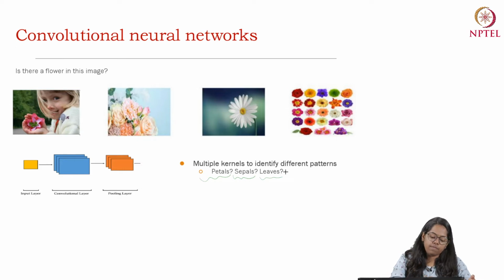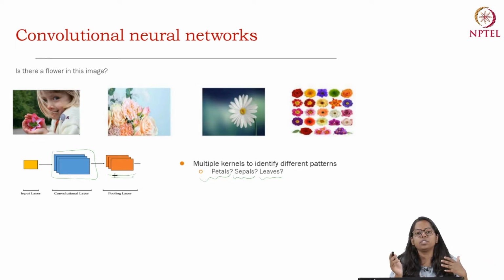And when we have these multiple kernels, multiple convolution layers, we'll have multiple representations from the single input image, which helps us identify the different patterns in the image, and finally these patterns will be used to identify whether the image contains the desired object or not, if it is an object classification task, right?